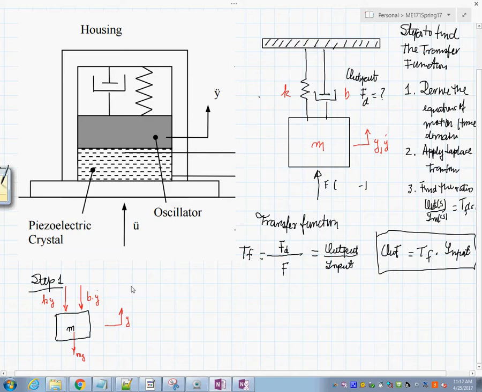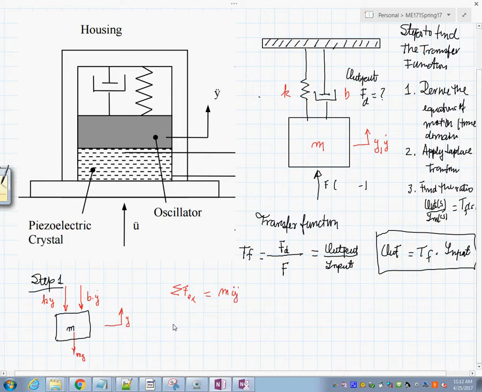So if we establish the differential equation of the system, you apply Newton's equations: the summation of the external forces is equal to mass times the acceleration, right?